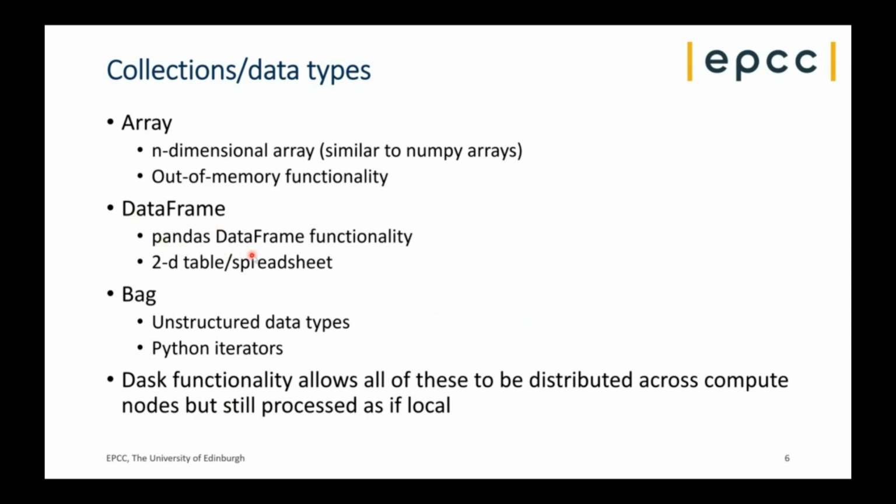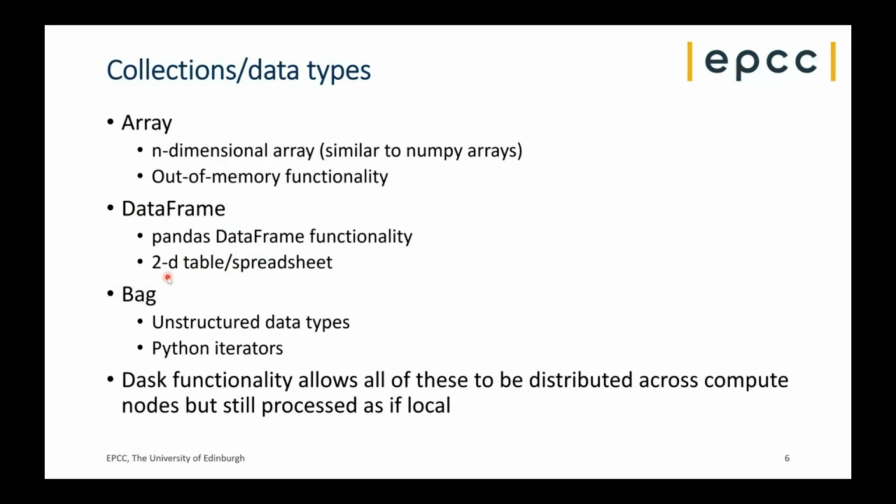So this maps directly to Pandas data frames, and this looks like a 2D array, but also is designed to give you functionality which you could get from a 2D spreadsheet style thing, and is heavily used for data analysis.